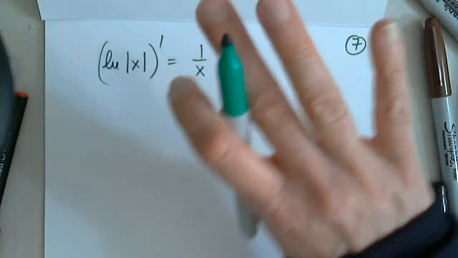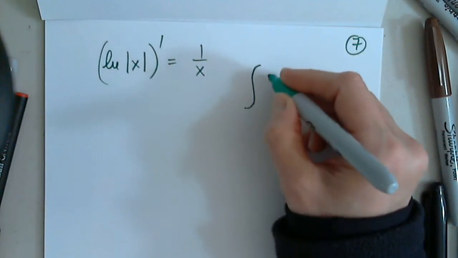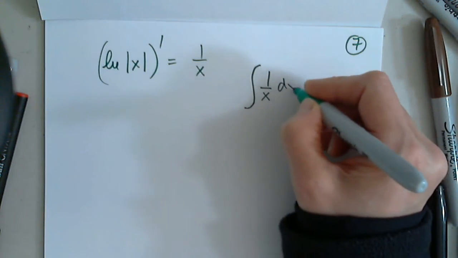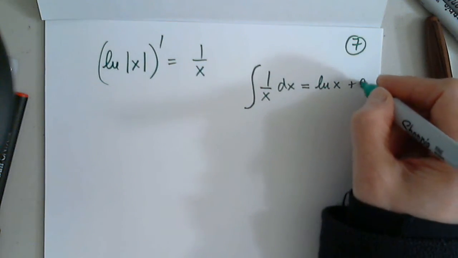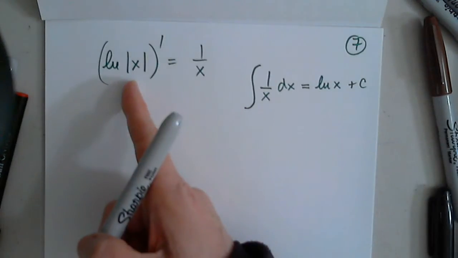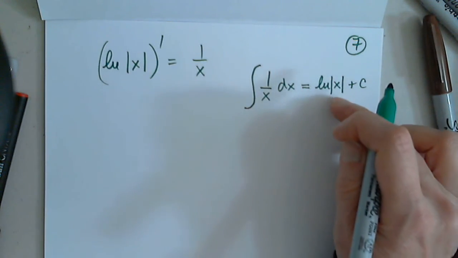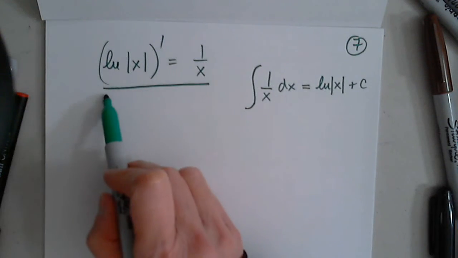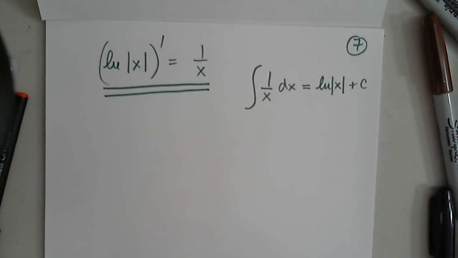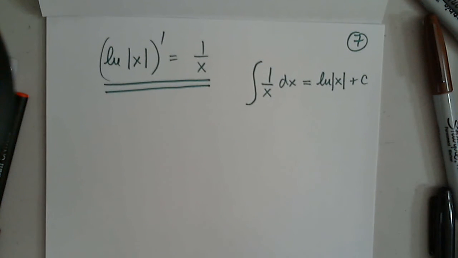We will get to integrate 1 over x dx. And the answer cannot be natural log x plus a constant c. Because of this, it must be the natural log of the absolute value of x plus a constant c. So that's why this is a major, very important result. Not for now. This is for chapter 5, later on.